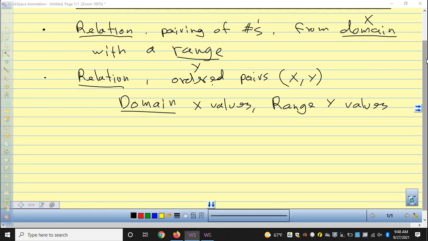So, when we talk about functions, we're talking about points in the plane, an x and a y. We think of the x's and y's as the points. The domain, the x values, that's what we plug in. The range, the y values, that's what we get out of our function. And we can also represent a relation as an equation, or by an equation.